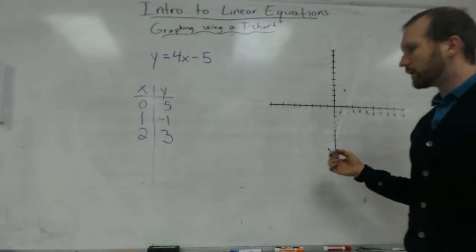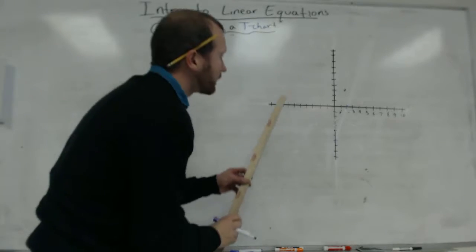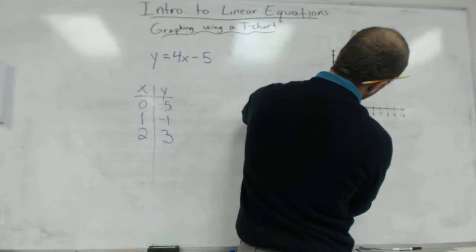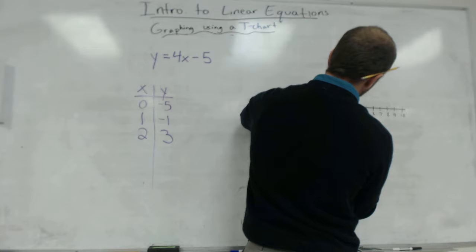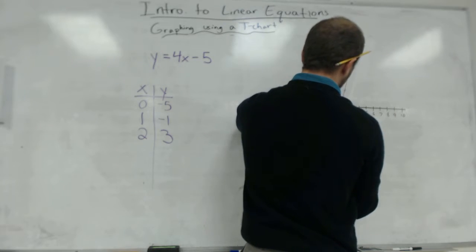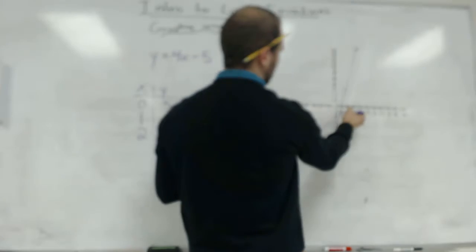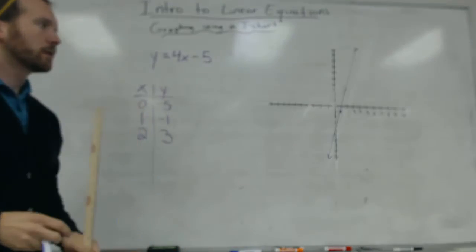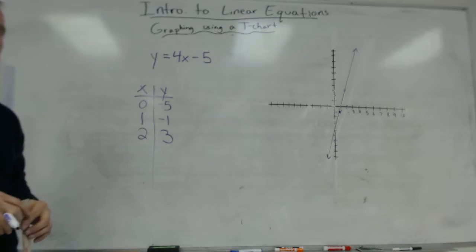Okay. Now these 3 points better all be on the same line, right? And it looks like they are. I'm not doing a perfect job of graphing or drawing my axes, but pretty close. Pretty good. So that's my line.